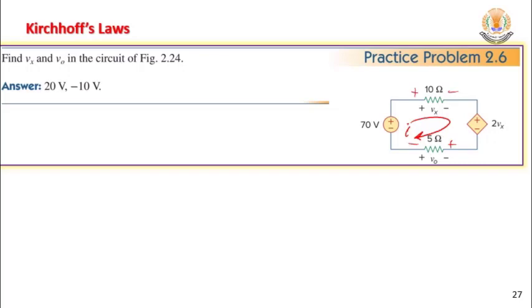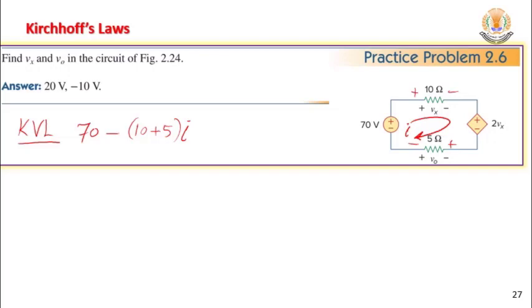Again, KVL. What should I write? I will take 70 minus 10 and 5, they are connected in series, so I can write 10 plus 5, I. Regarding the dependent voltage source, it's in opposite direction. Do you agree?